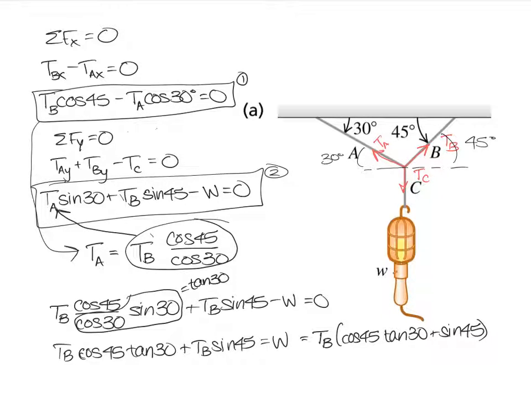And then keep in mind this is just going to be a number, and it turns out that number is 1.115.